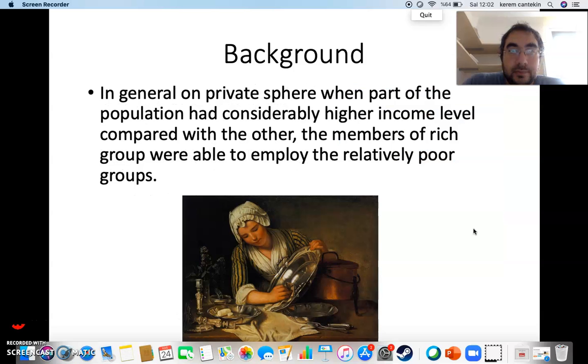And later, in certain cities, when there were wealth differences, the wealthier people were able to hire relatively poor people, especially in the 19th and 18th centuries.